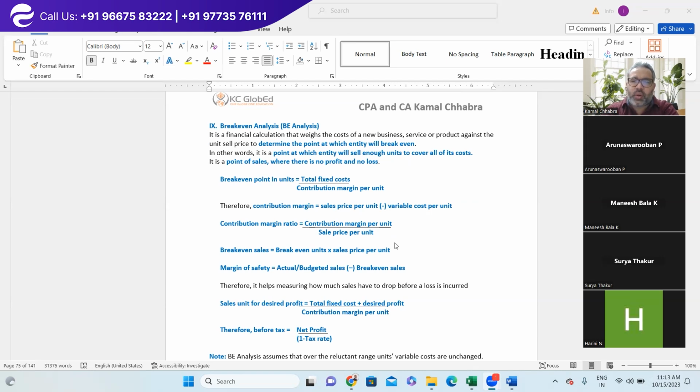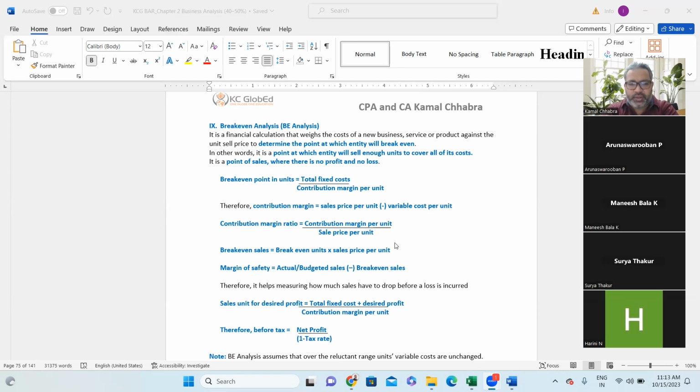When it says all its cost, it includes your cost of goods sold as well as your other costs, which are payroll cost, travel cost, business development cost, insurance cost, marketing cost, sales and administration, everything. So the break-even point is where the company generates sufficient revenue covering its entire cost, but at this point it is not making any profit.